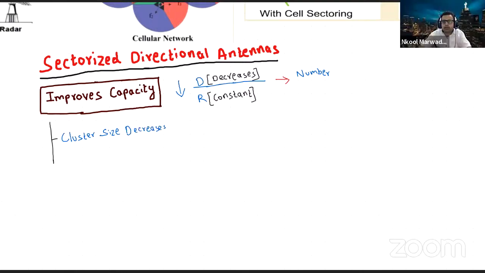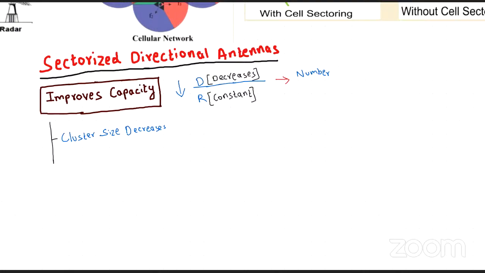And if the cluster size decreases, can I say frequency reuse will increase? As the cluster size decreases, the number of clusters increases, and so the frequency reuse also increases. Very nice.